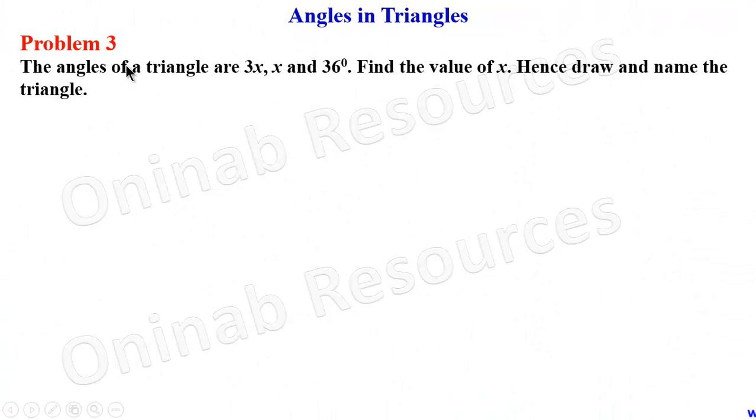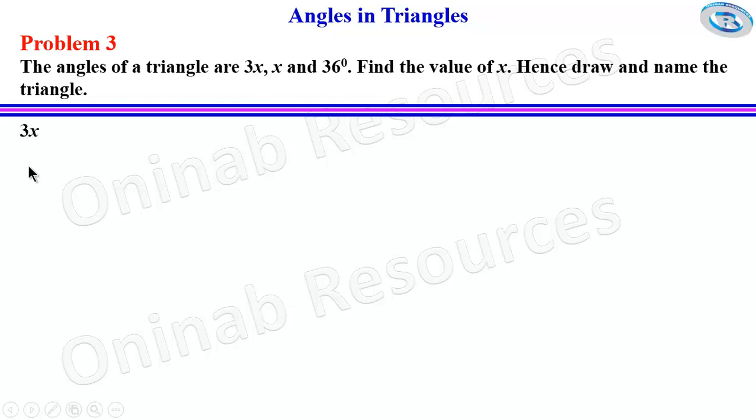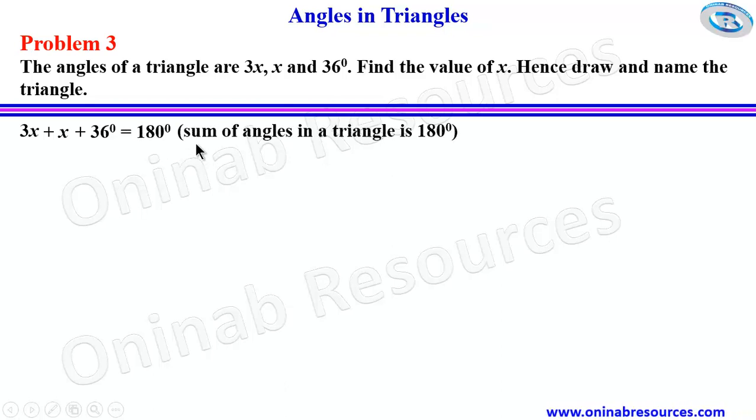For problem 3, the angles of a triangle are 3x, x and 36. Find the value of x. Hence, draw and name the triangle. Meaning we are going to have 3x plus x plus 36 degrees is equal to 180 degrees. Still maintaining the fact that sum of angles in a triangle is 180 degrees.